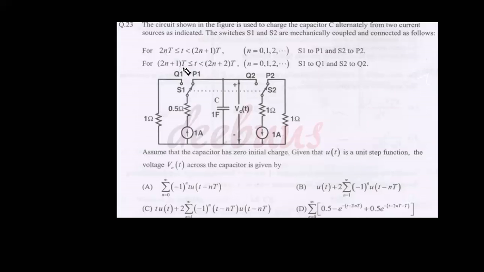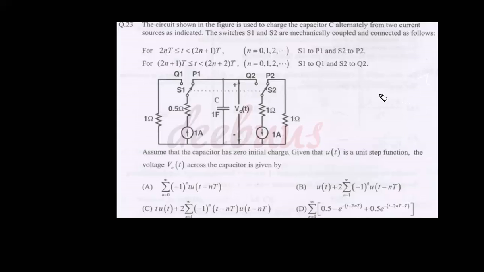Similarly, for (2n plus 1)T less than or equal to t less than (2n plus 2)T, n equal to 0, 1, 2, S1 to Q1 and S2 to Q2. Assume that the capacitor has 0 initial charge. Given that u of t is a unit step function, the voltage Vc(t) across the capacitor is given by.